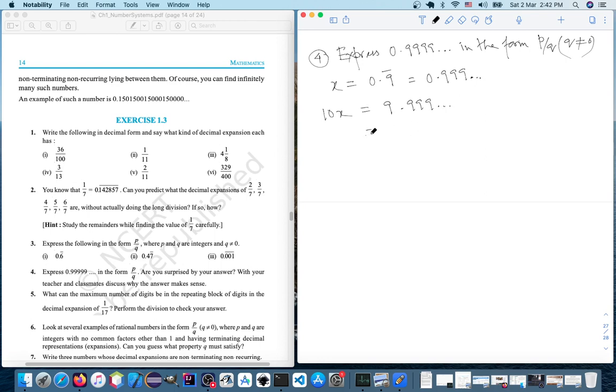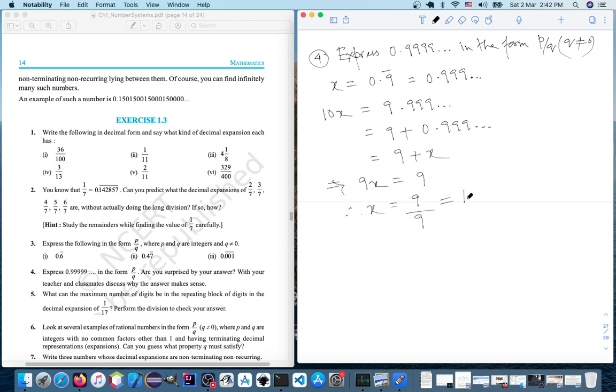This equals 9 plus 0.999 and so on, which is 9 plus x. This implies 9x equals 9. Therefore, x equals 9 by 9. Quite surprisingly, it is 9 by 9 equals 1.